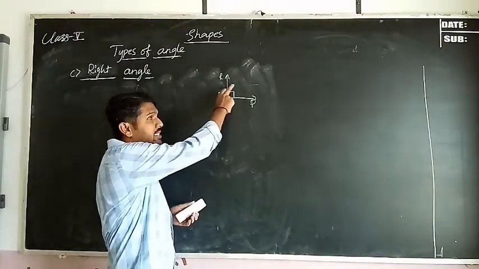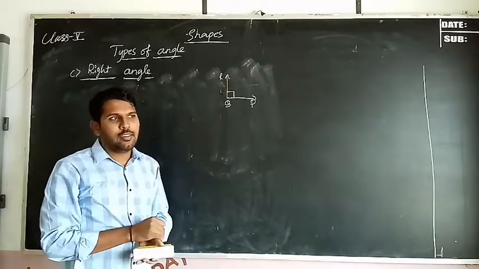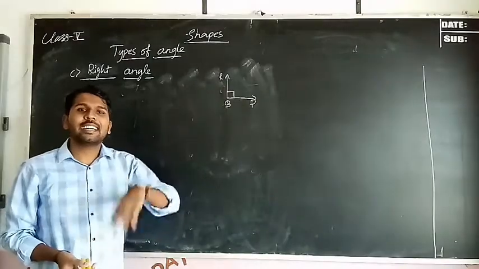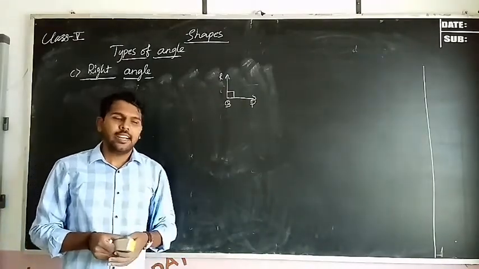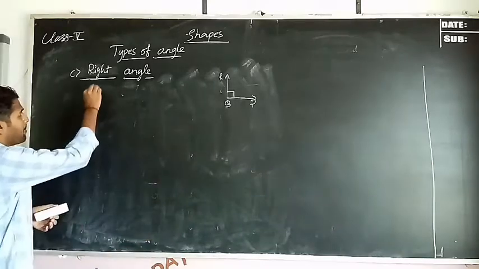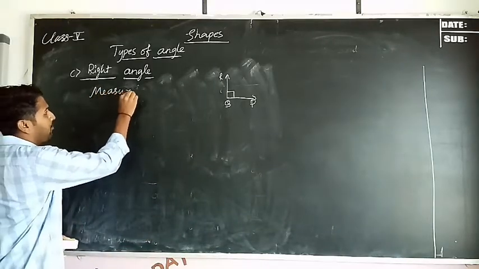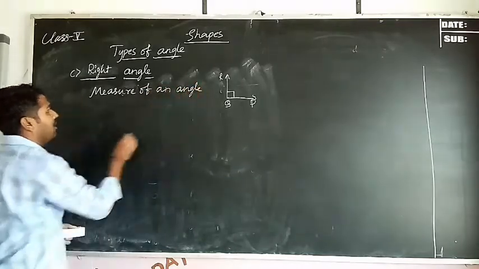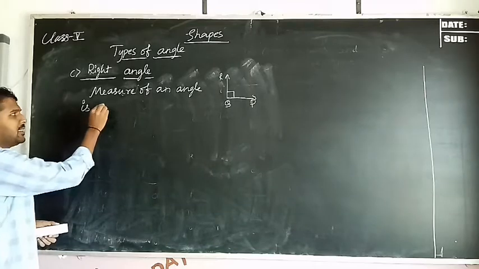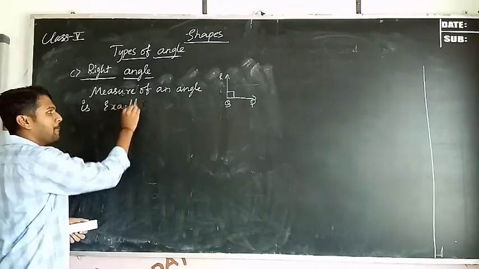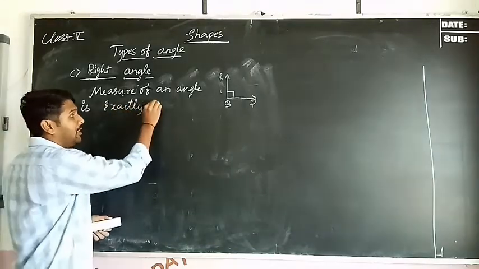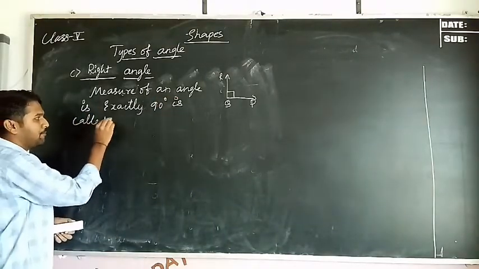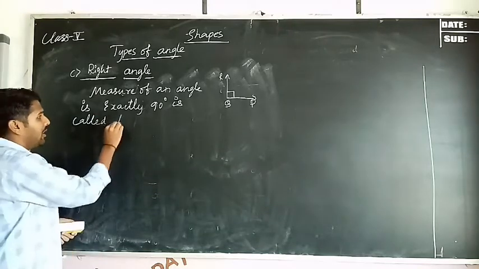So the simple definition is: the measure of an angle is exactly 90 degree, it is called a right angle.